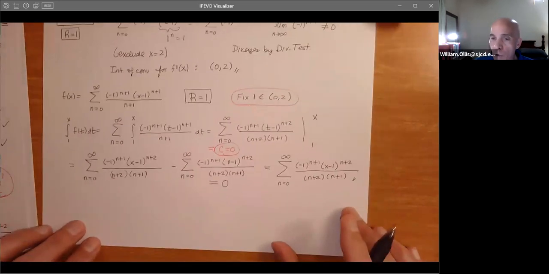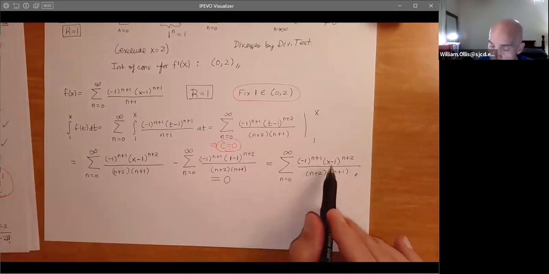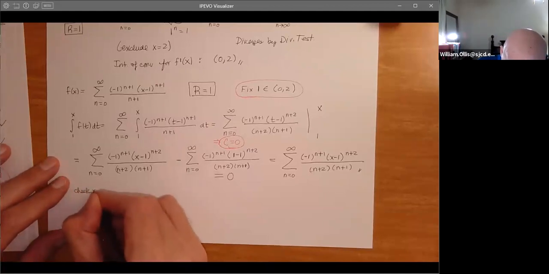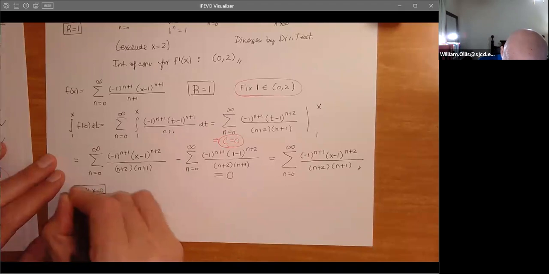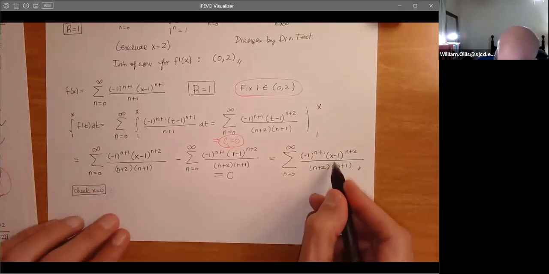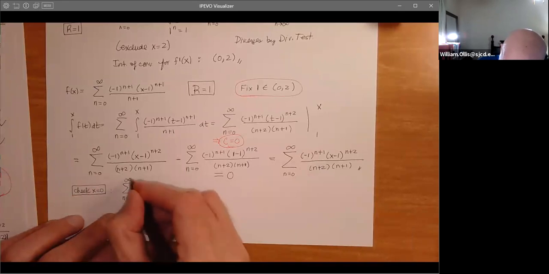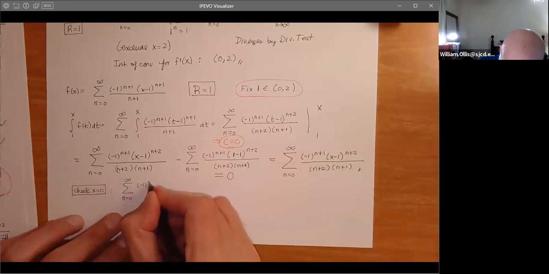Okay, now, of course, the r is 1, so we just check the endpoint. So let's check x equals 0. These are quick. So we have x equals 0. We get n equals 0 to infinity, -1 to the n plus 1.